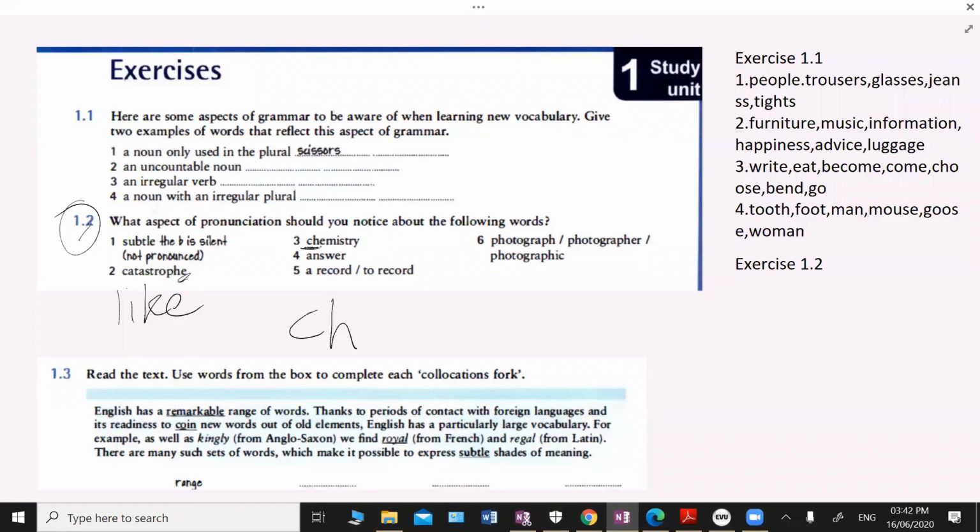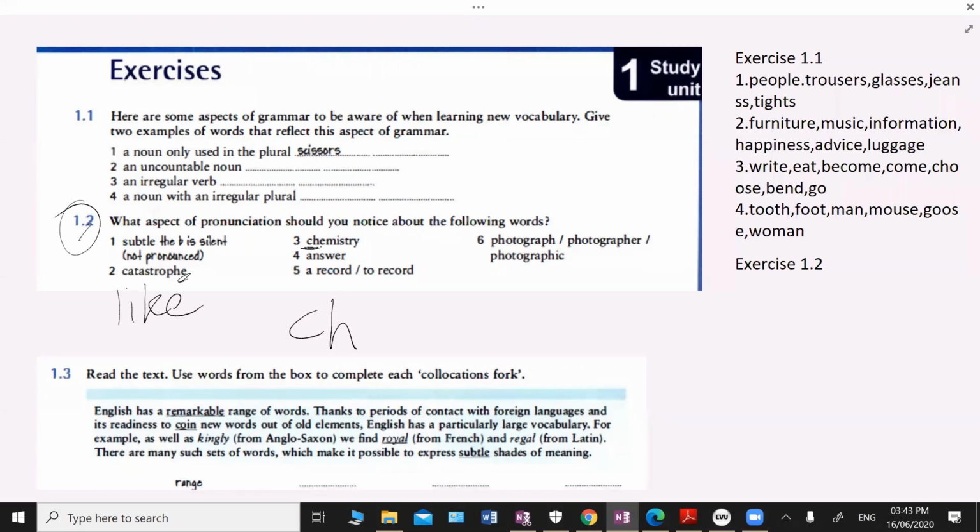American pronunciation says it's a record or to record. The first one has just 1 syllable, and the second one has 2 syllables. So that is the main difference here. The first one has just 1 syllable, and the second one, used as a verb, is a 2 syllable word.